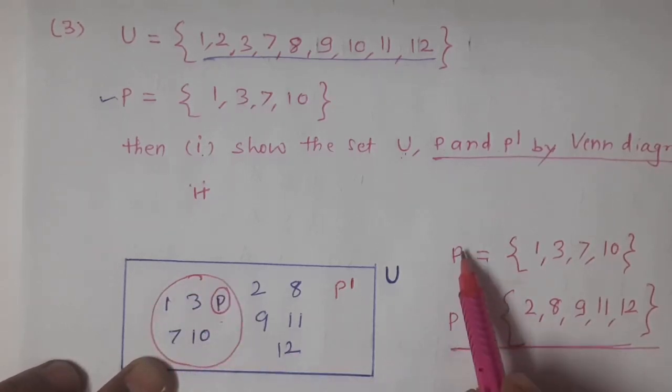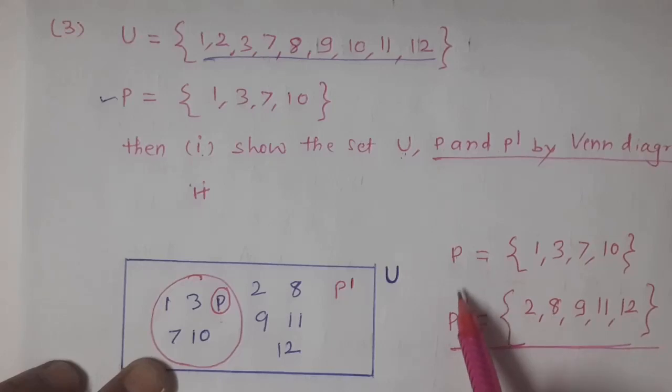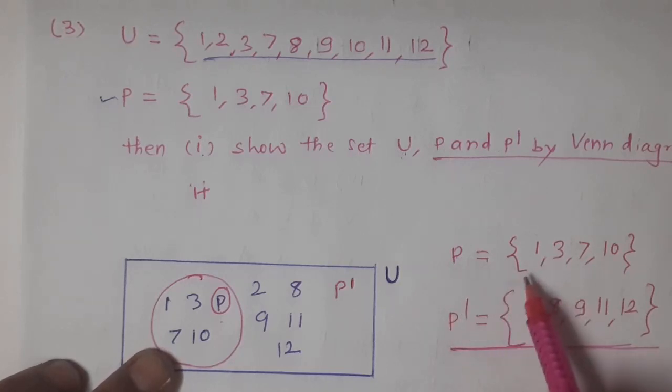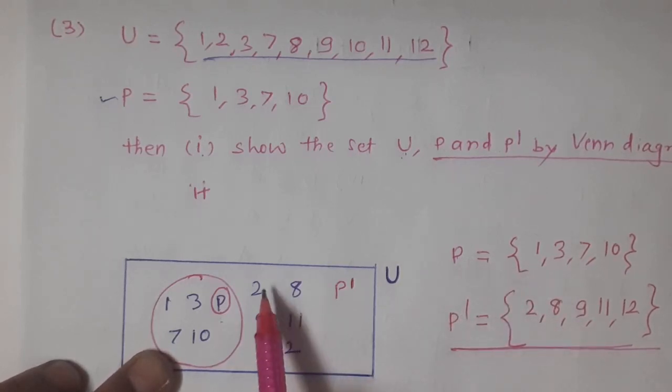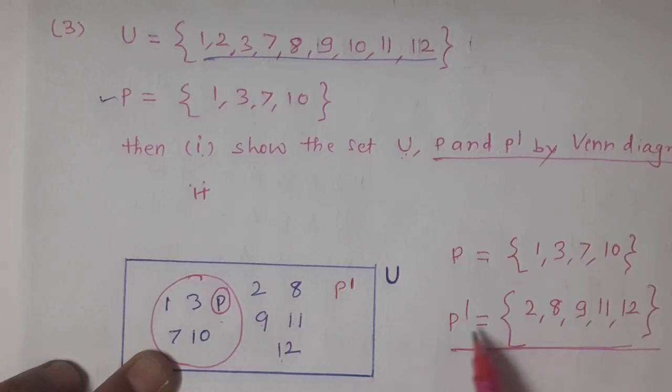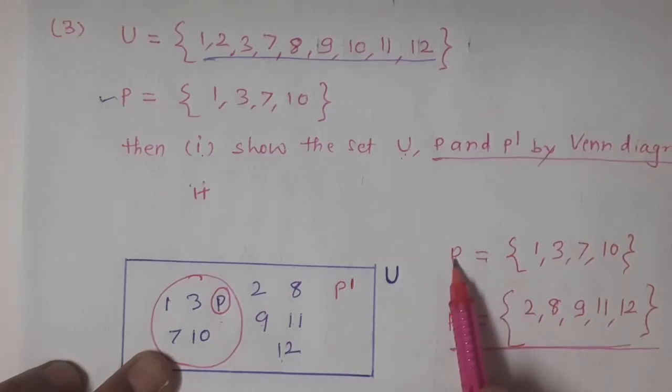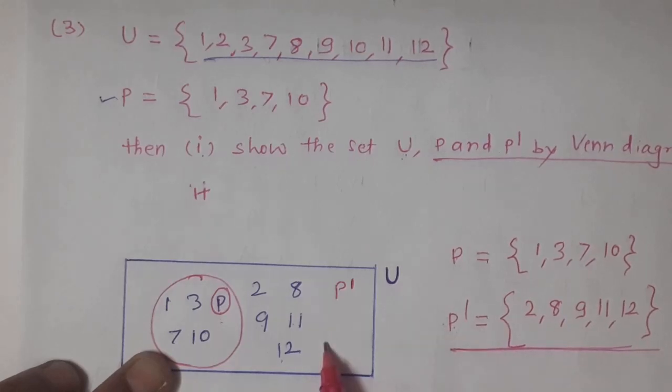And what is the complement of P? Whatever elements are not present in P but are part of the universal set, that is 2, 8, 9, 11 and 12, that is the complement of P. So we have calculated P and P dash with the help of the Venn diagram.